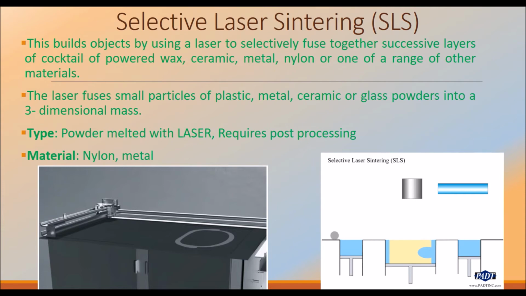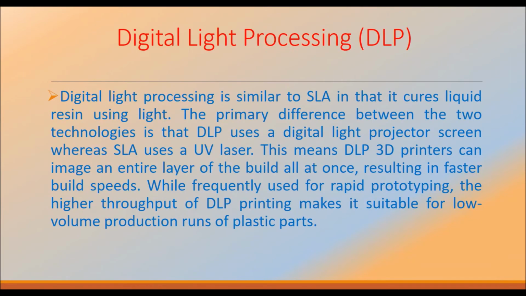So next, coming to the next method, that is digital light processing, DLP. DLP is similar to SLA in that it cures liquid resin using light, and the primary difference between the two technologies is that DLP uses a digital light projector screen, whereas SLA uses a UV laser.